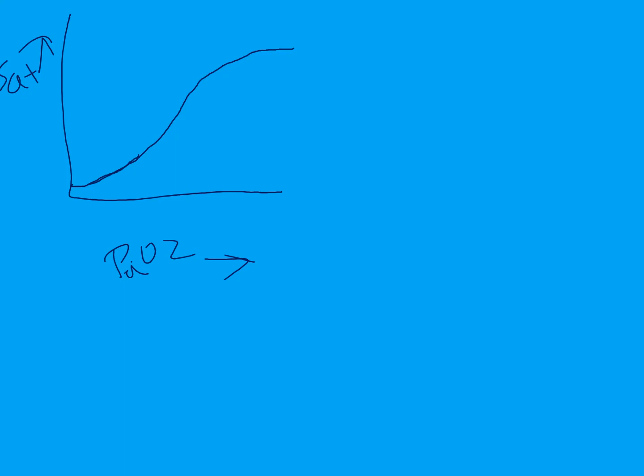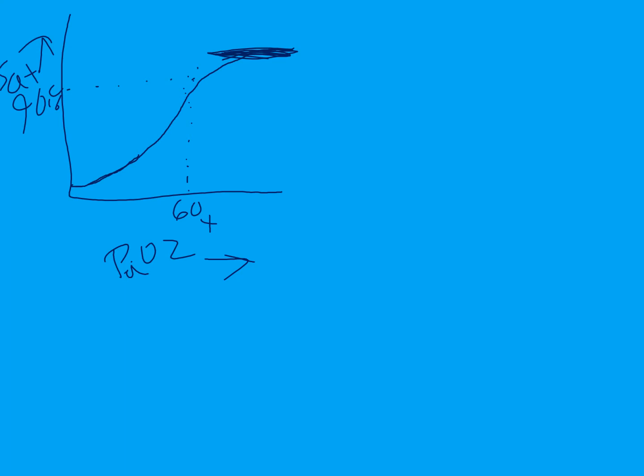Yes, and then we have the point where we actually reach what's called a safety zone, or a plateau, if you will. We're at a pressure of 60 millimeters of mercury, and I'll just put T here for torr. At 60 millimeters of mercury, I should have a saturation of roughly 90%.